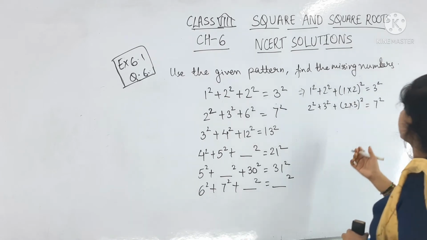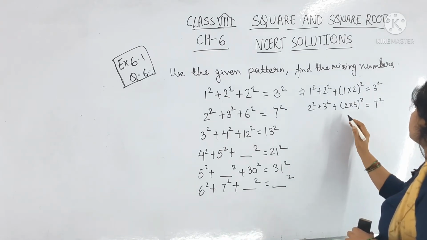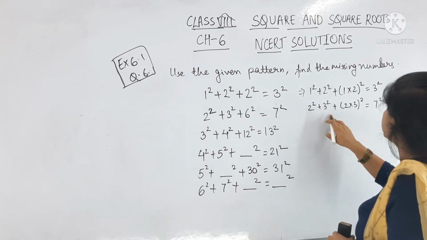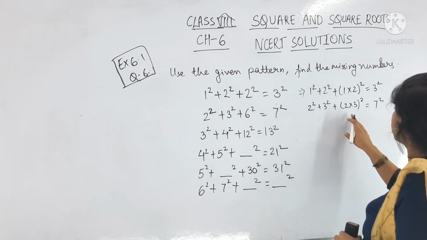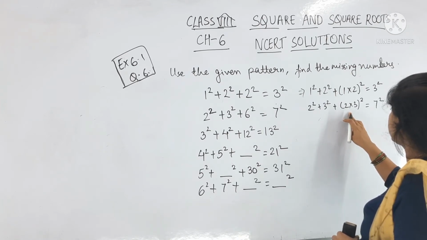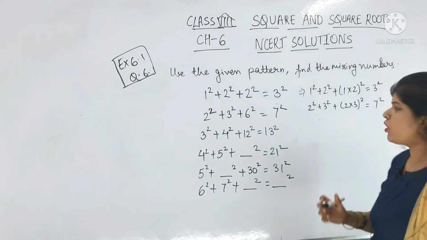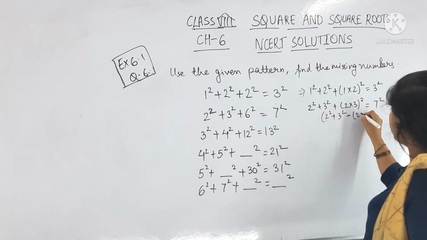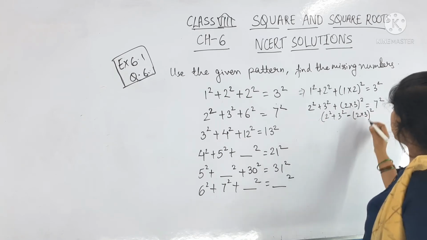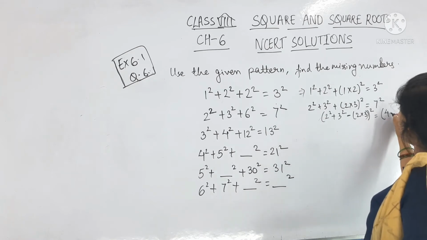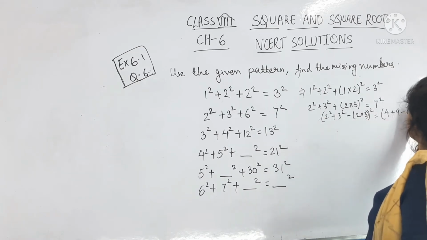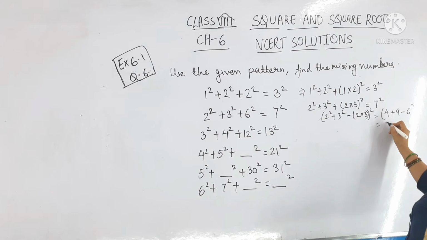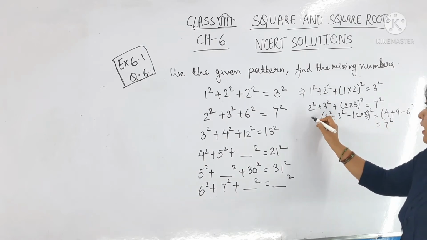Or you can take another thing like this: 2 square plus 3 square minus 2 into 3 whole square. So I am getting here 2 2s are 4, 3 3s are 9, minus 2 3s are 6 whole square. So 4 plus 9 is 13, 13 minus 6 is 7. So I am getting 7 square like this.